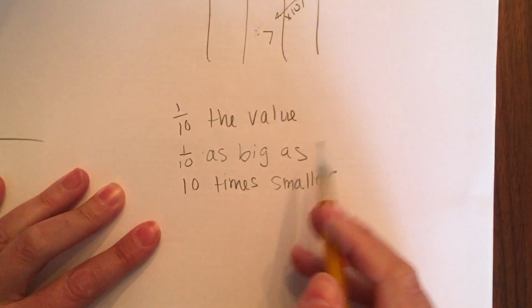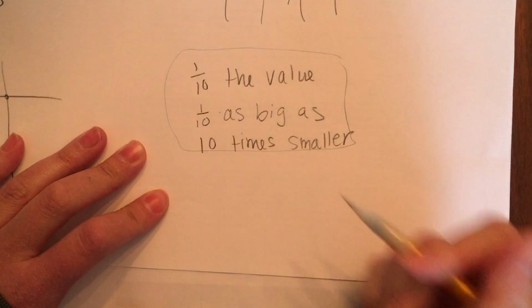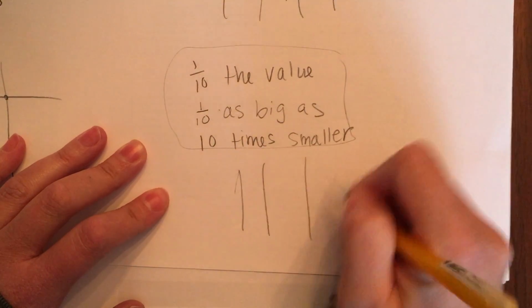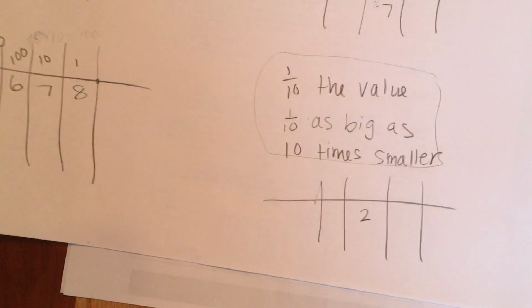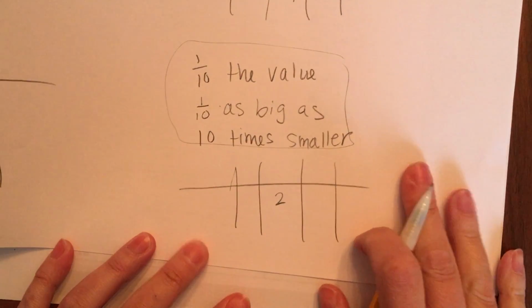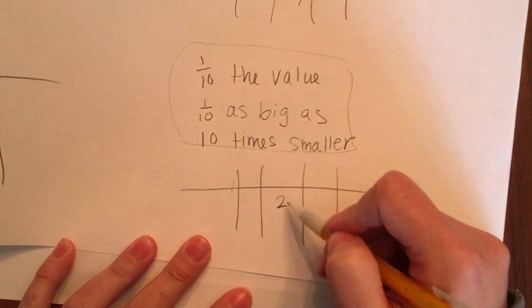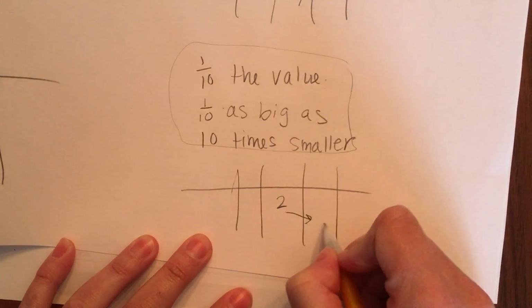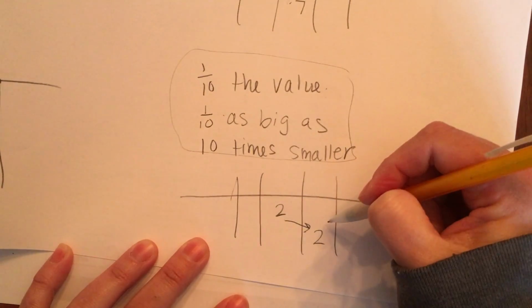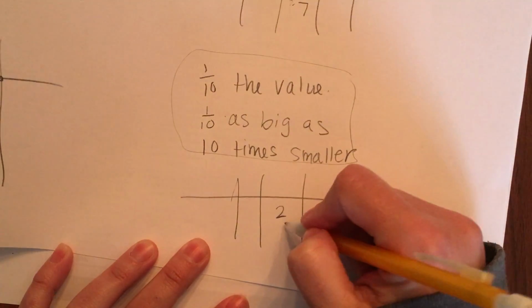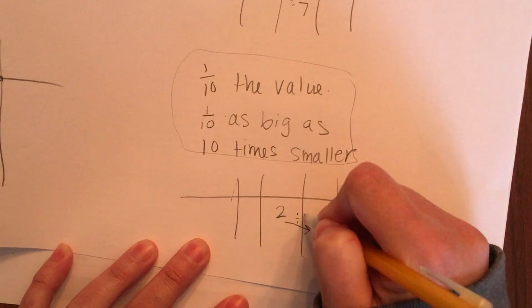Those are all things that mean the same thing. So if we look at a 2 in any given place value, let's put the 2 here. If I want to see a 2 that is 1/10 the value of this 2, it would be a 2 that is right next door in this next smaller place value. And when we move this way, we think of it as divide by 10.